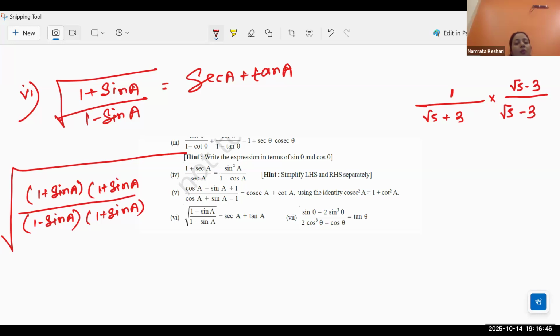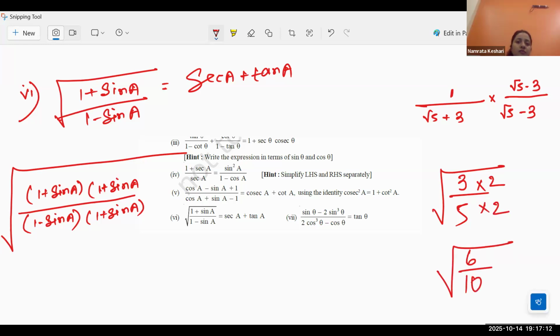For example, if you have under root, let's say root 3 by 5, and you multiply here 2, here also 2, it will become root 6 by 10. Still this root 6 by 10 means 3 by 5, yes or no? Yes, ma'am.